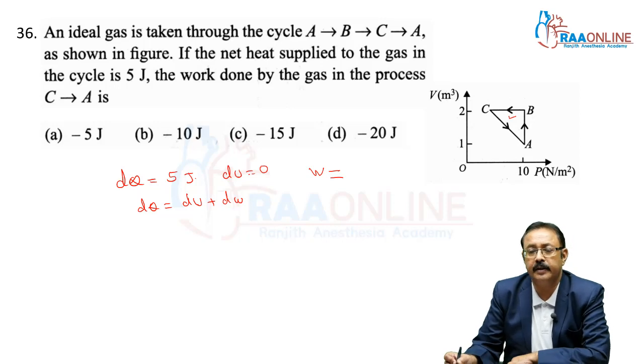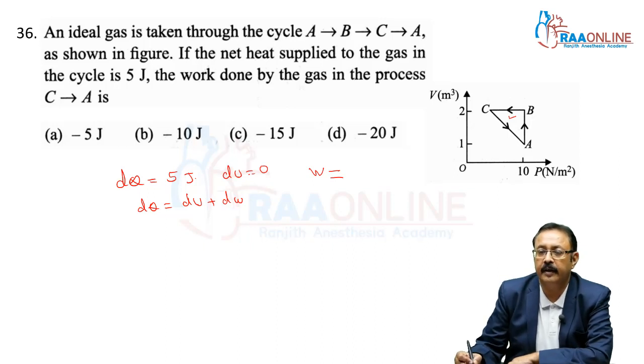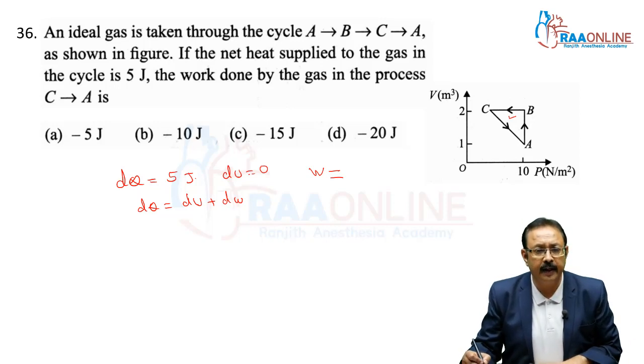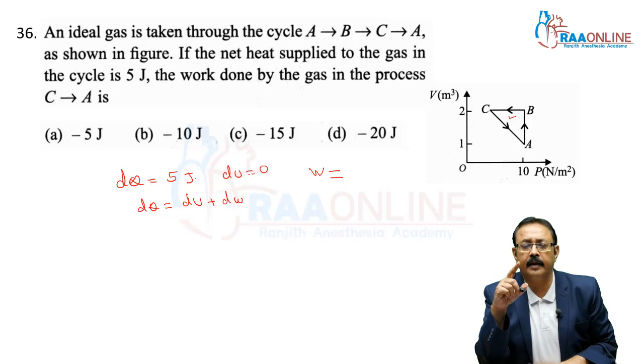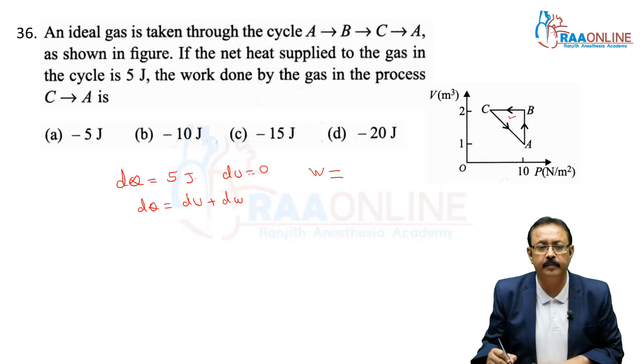A to B, from 1 to 2, it is 1, and it is 1 to 10. From the area of this figure, we can calculate the work done by the system. dq is 5 joule, du is 0, it is dw. So dw is the work done by the system.